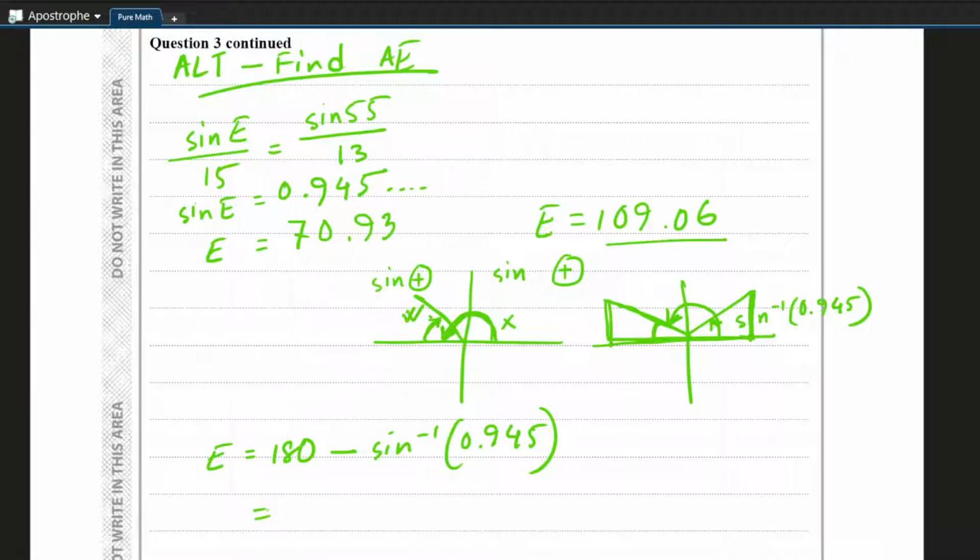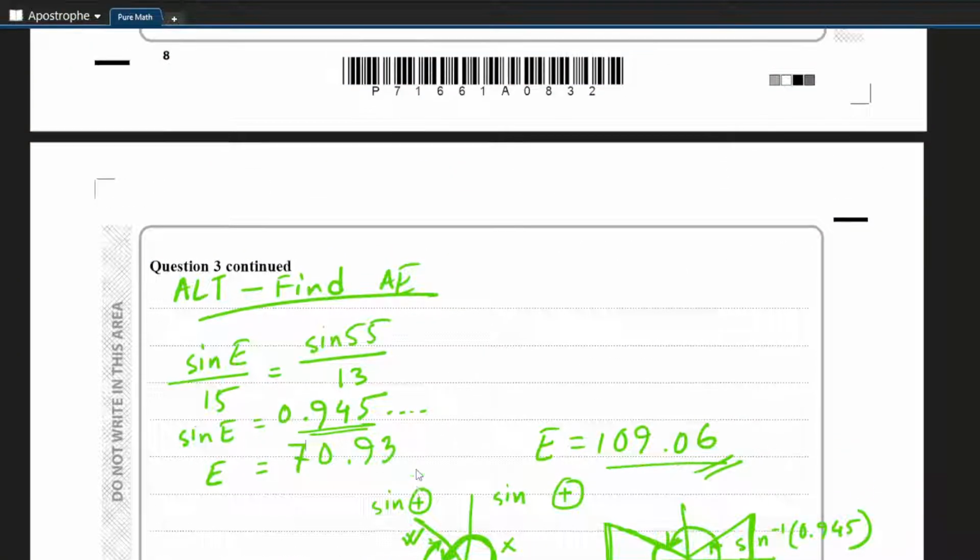So 180 minus sine inverse of 0.945 is 109.01. Previously it was 06 because I used the exact value instead of the rounded value, which is this. That's why we are a little bit off, but you don't have to worry about it whether you're using the rounded value or exact value. If it's close to 109, you should be good.